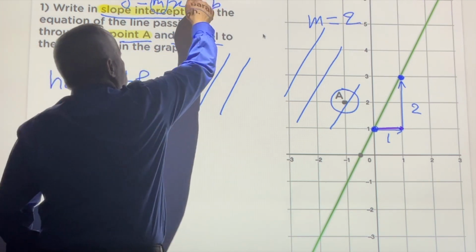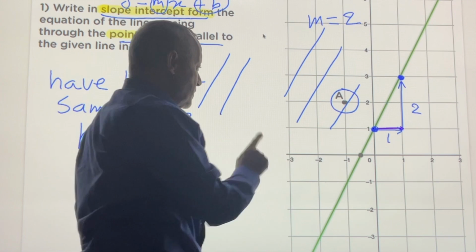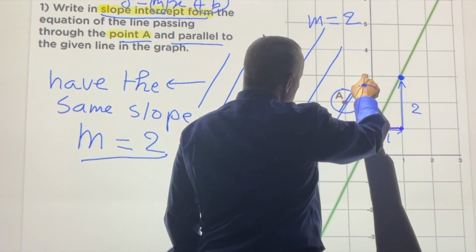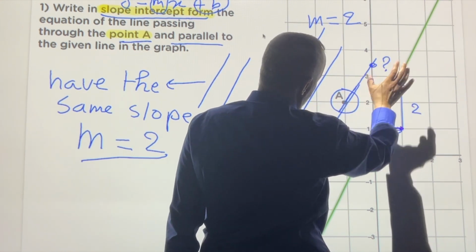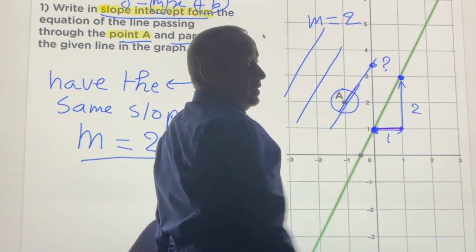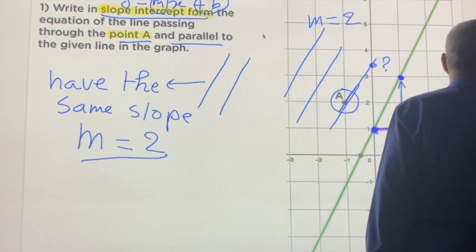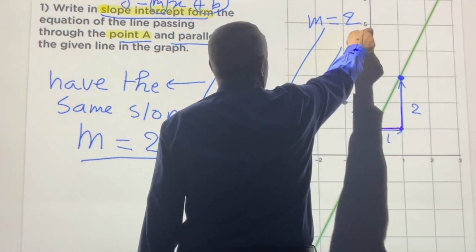We need to find what? The intercept. The intercept for this one is 1, but for this one, if you draw it, you don't get it accurate, not like a whole number. In this case, we cannot get the intercept from the graph. So what do we do? We use another way to write an equation.